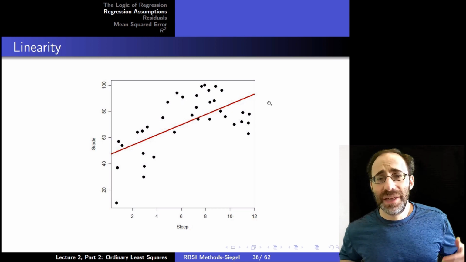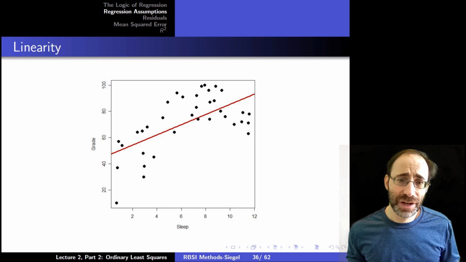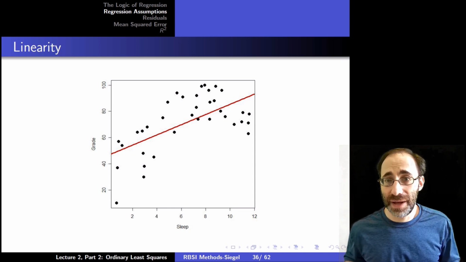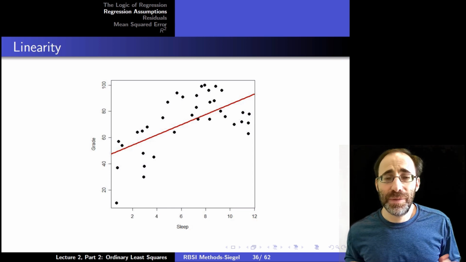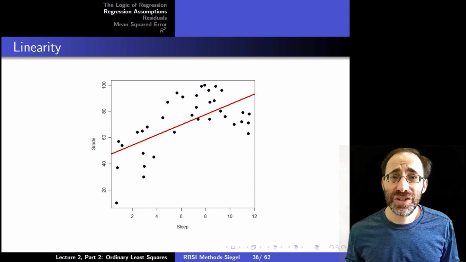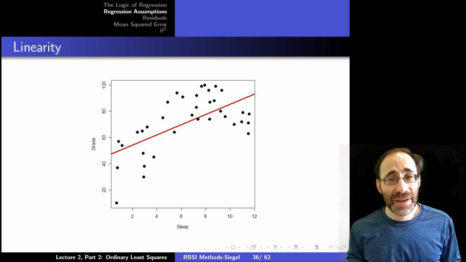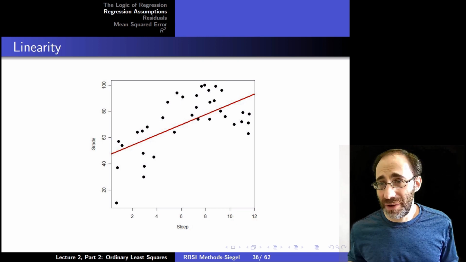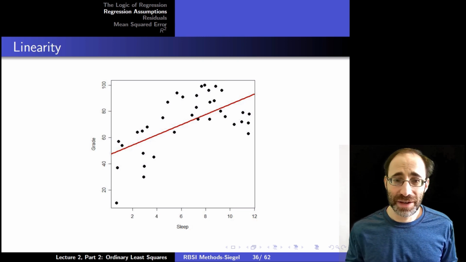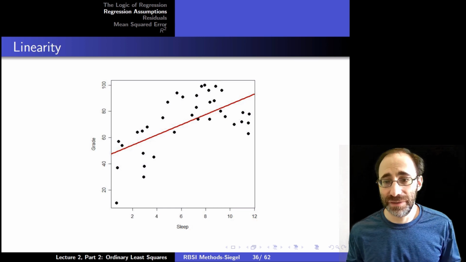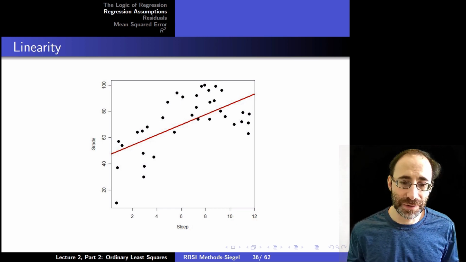When you see data that have systematic patterns away from your line, that's a hint that maybe your errors have a lot of structure still attached to them even after accounting for this linear relationship, and maybe the line isn't really great. Maybe it's not a great measure of what you're doing, or maybe you're missing a bunch of important interactions and variables.